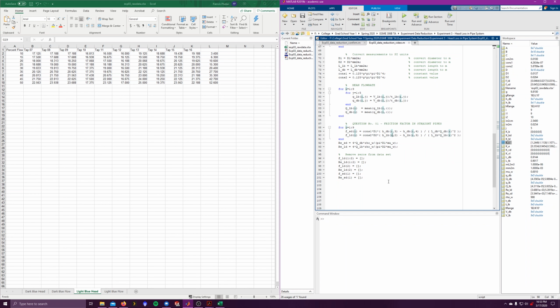Now what I'm doing is iterating on that run, so we have i right here. And this 2 corresponds to the tap that we had for the piezometer. So this is for the large diameter pipe.